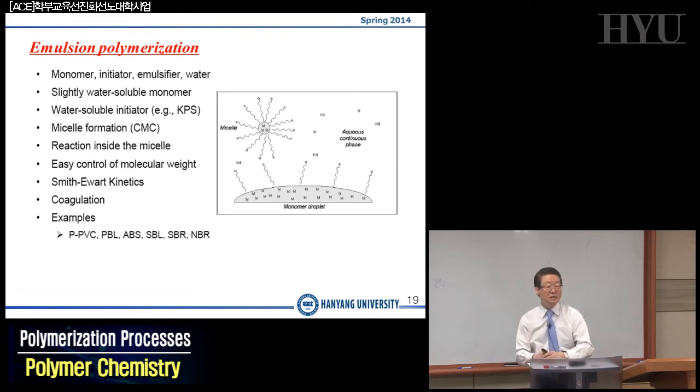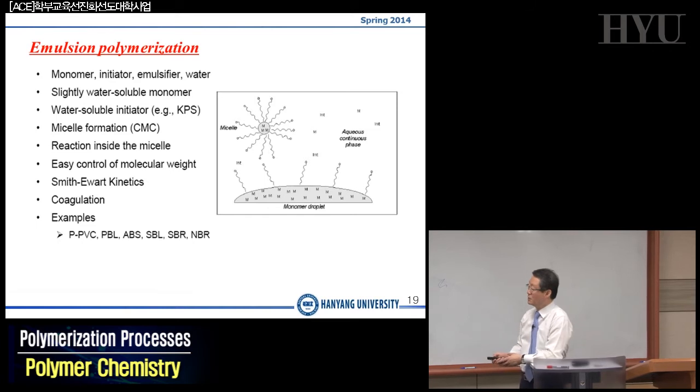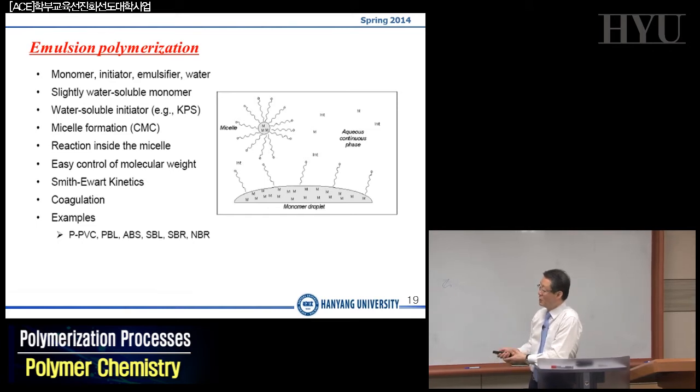Now, in this way, we can have very easy control of the molecular weight and form the polymer, and the kinetics follows what is called Smith-Ewart kinetics. Again, I'm not going to go into more detail about this, and you have many examples. Okay?